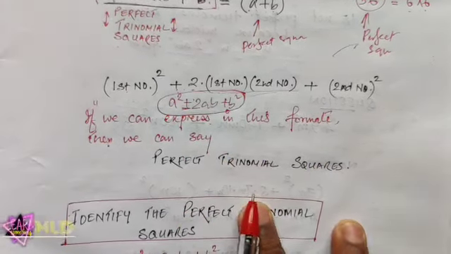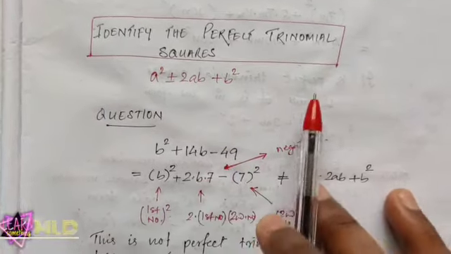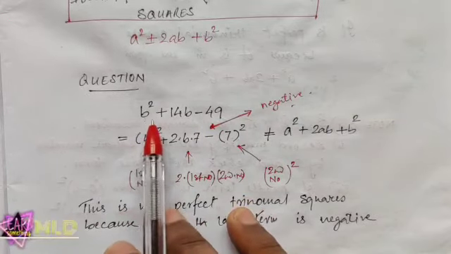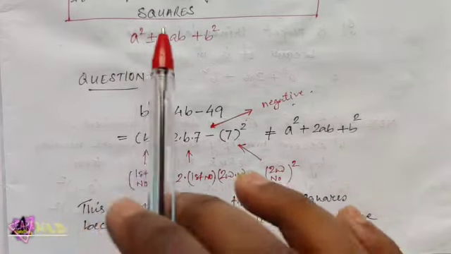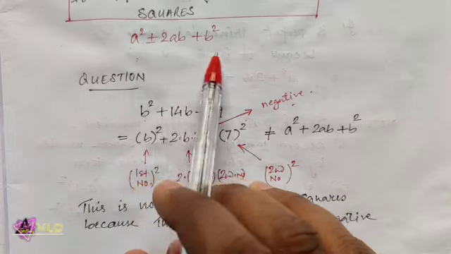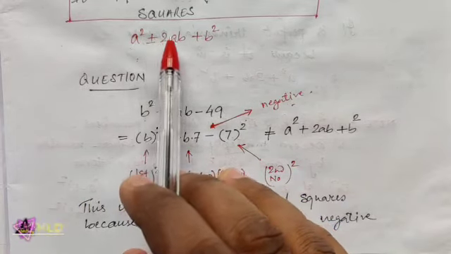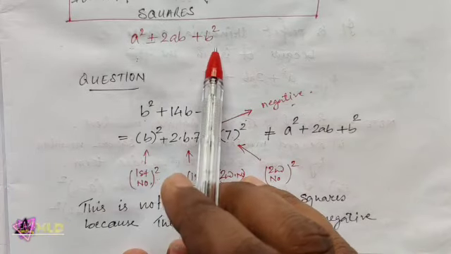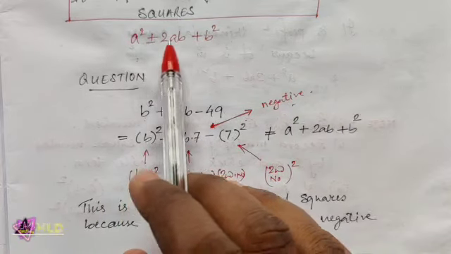Let us learn with an example. Identify the perfect trinomial square. Let's say this is an algebraic expression having 3 terms. Is it a perfect trinomial square or not? To be a perfect trinomial square we have to satisfy these conditions: a square, plus or minus twice ab, plus b square. It means whatever value of a and b you get, you have to multiply by 2 to get the middle term.